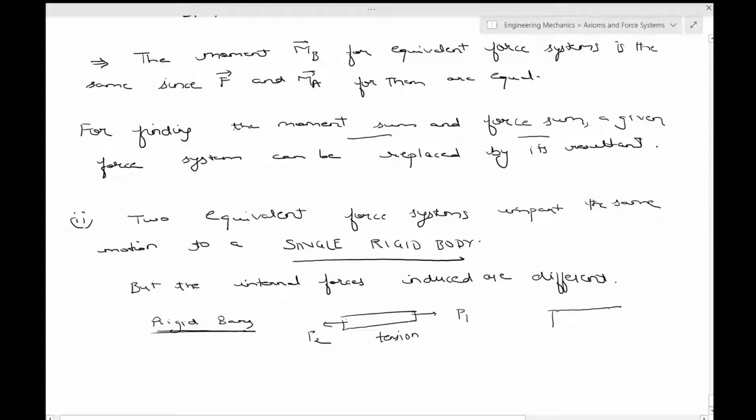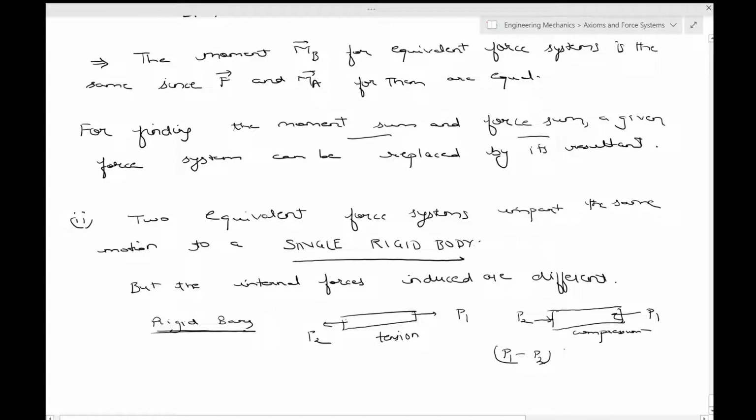And the same rigid bar, if it has P1 and P2 like this, is in compression. So the resultant external force acting on this is the same, that's P1 minus P2, and hence according to Euler's axioms, the motion of this rigid body should be the same in both cases.